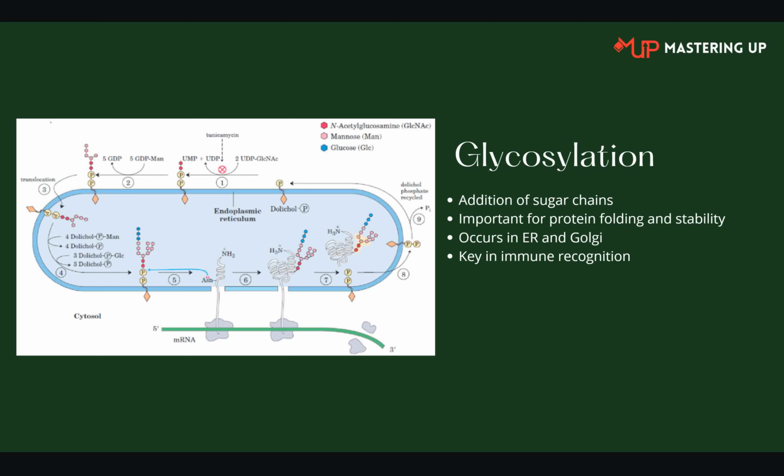So, in immune cell recognition, how do the immune cells find out which cell is a self cell and which is a foreign one?